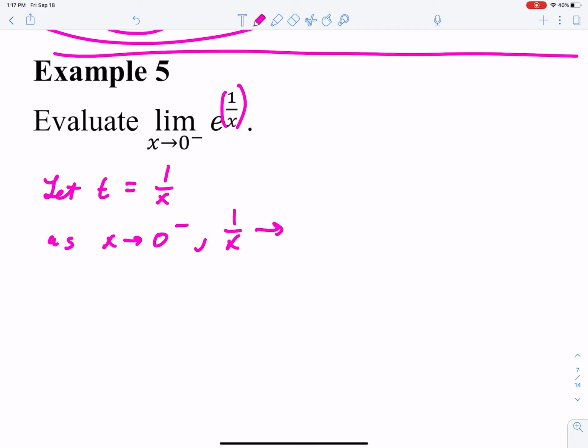Think about that. Getting super close to 0, but on the negative side. If your denominator is getting incredibly small, the fraction's getting incredibly large. On the negative side means 1 over x is approaching negative infinity. Well, 1 over x approaches negative infinity. That means t will also approach negative infinity.